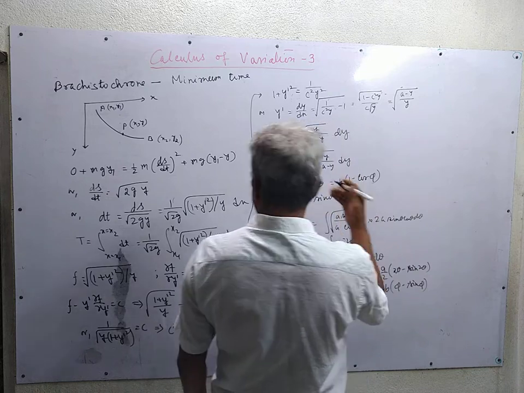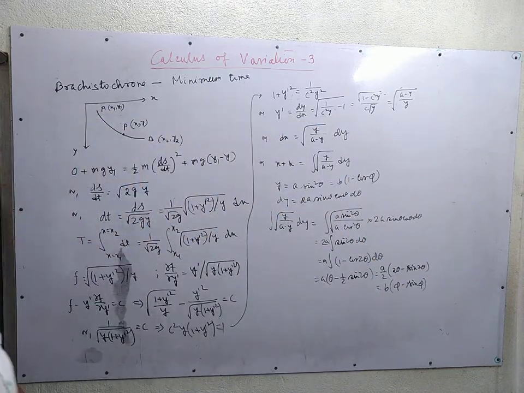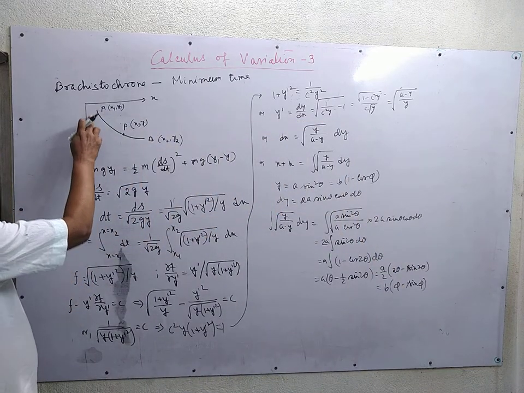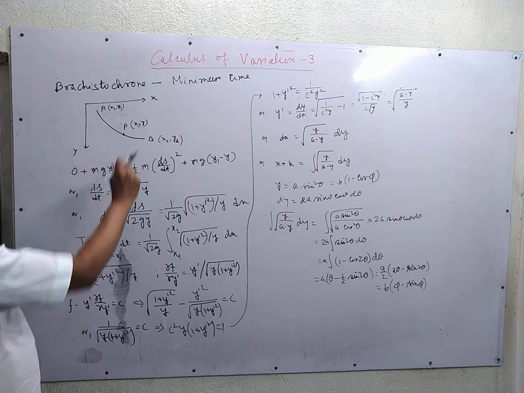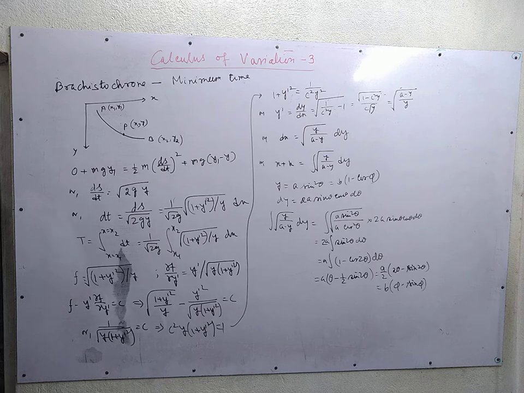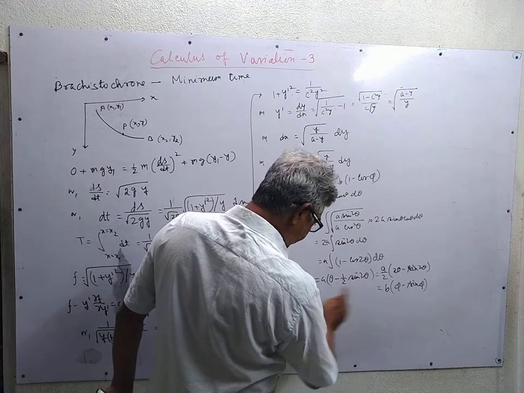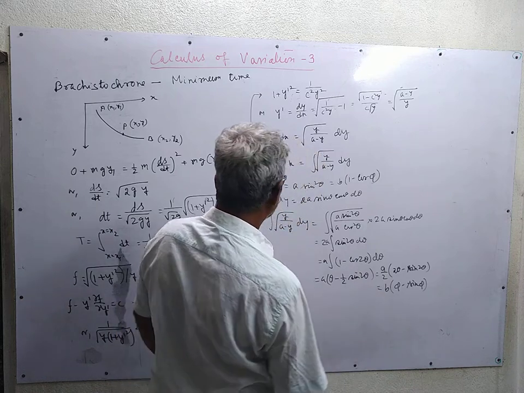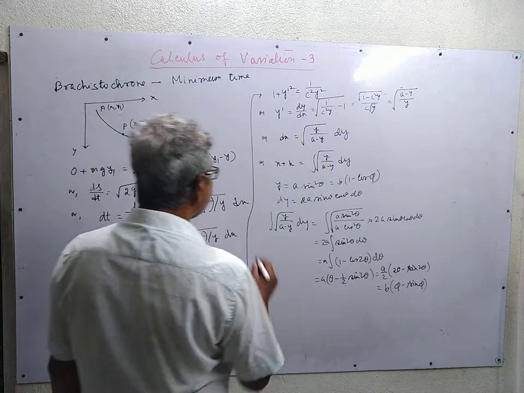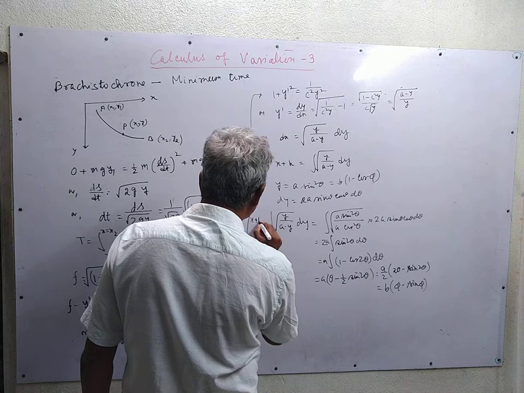So the path, the trajectory that is followed when the particle descends from A to B under the action of gravity, which is assumed to be a constant force, the shape of the curve is given by this, this is the value of x plus k.